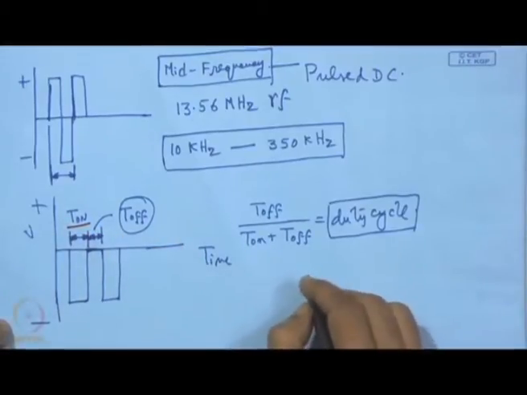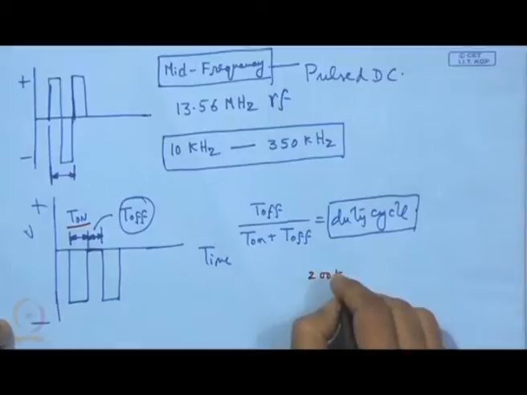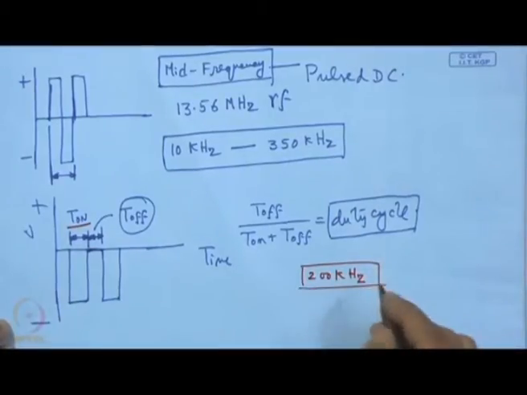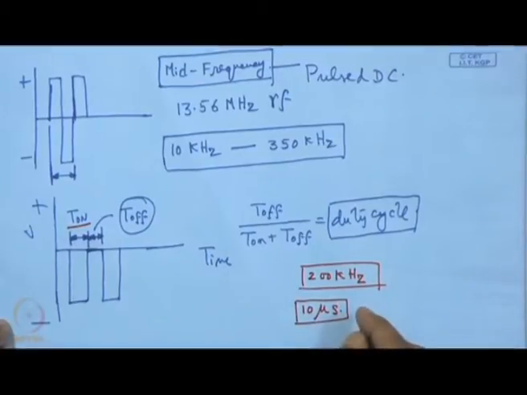So, when it is say 200 kilohertz, and 200 kilohertz means pulse width is 10 microsecond, out of this 10 microsecond one has to decide how much will be T on and what the remaining will be T off.